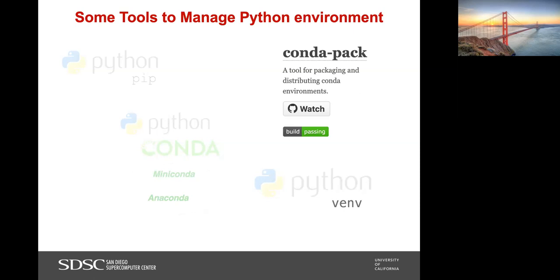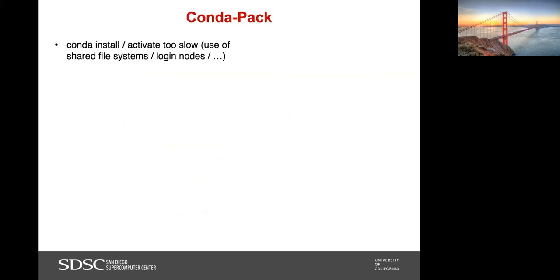Okay, now I have covered three different ways to manage Python environments, and I'm probably running out of time. So I'll quickly go over conda-pack, which is a new, interesting tool. As I mentioned before, sometimes conda install or even activate can be too slow. If you have been running Conda on TSCC, you would have definitely noticed this.